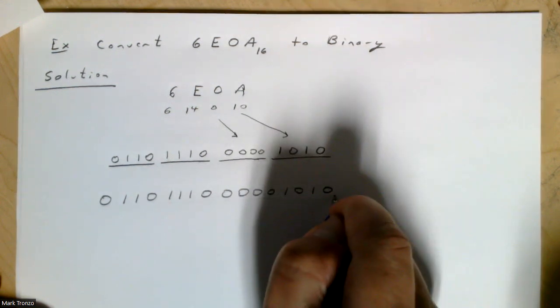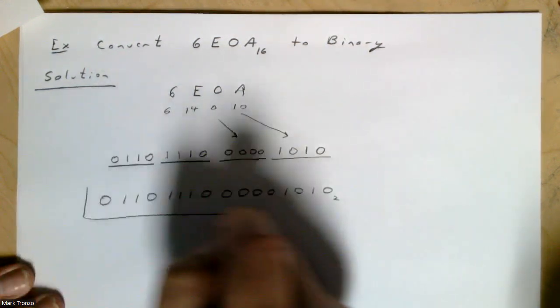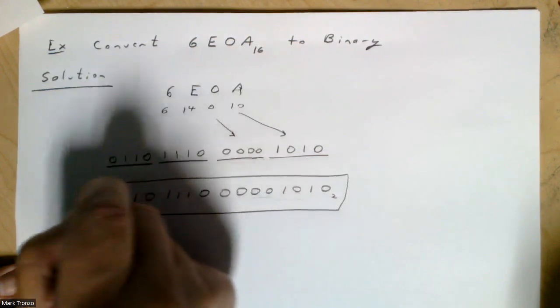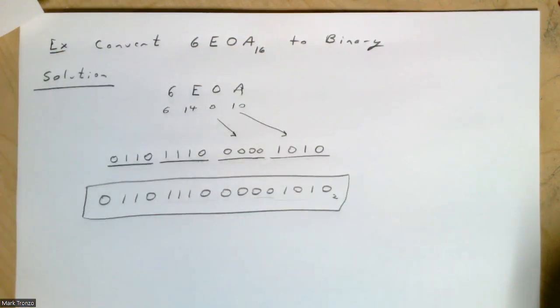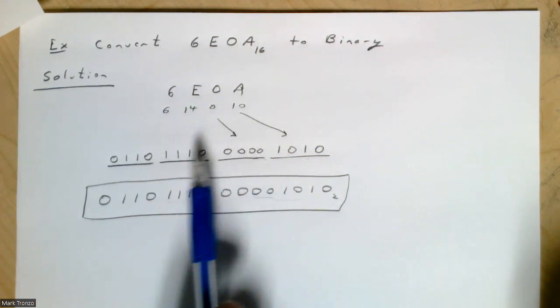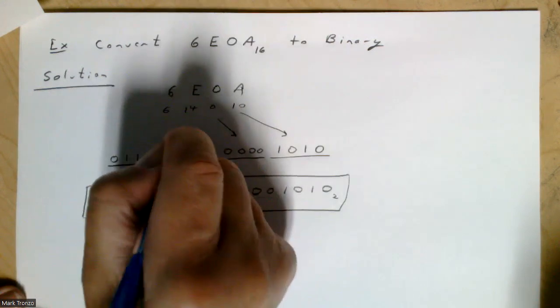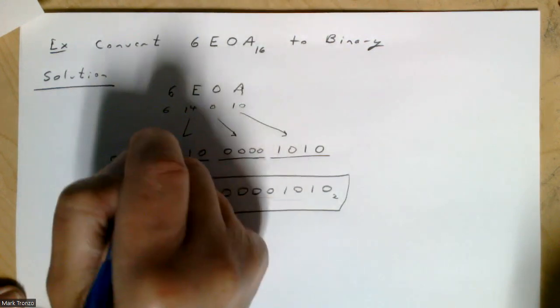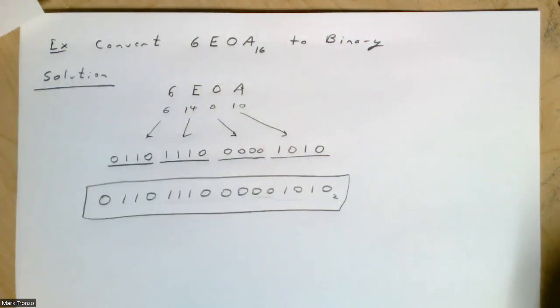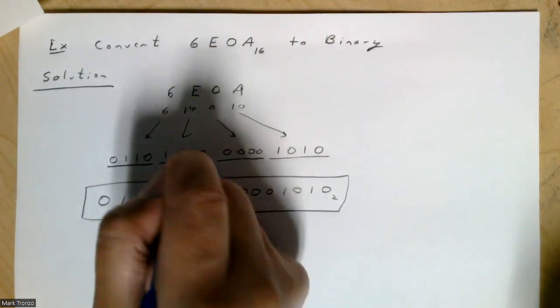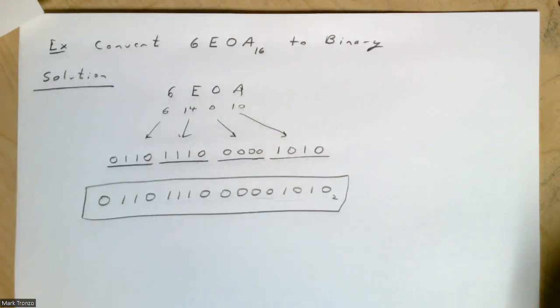And that looks correct. That's converting hexadecimal to binary. Just write each number as a 4-digit binary number.